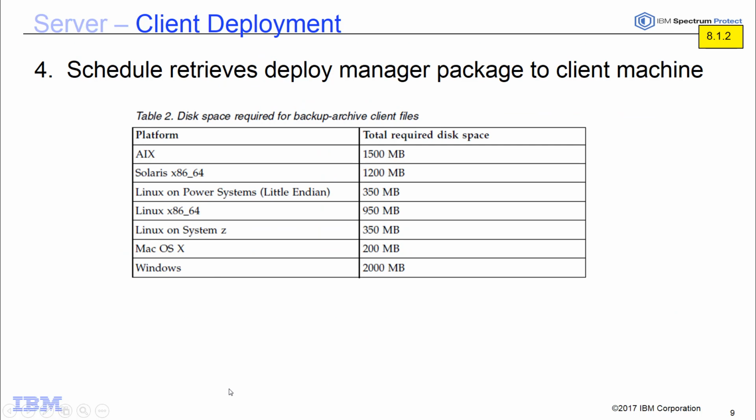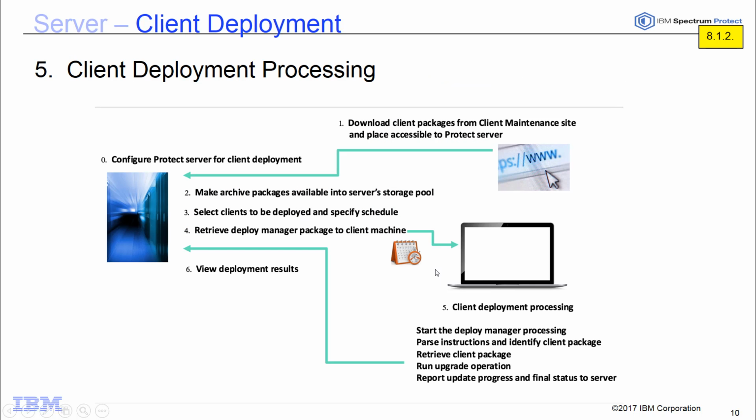Now, once that schedule kicks off, the schedule will take the deployment manager packages and push them out to the client machines. This is where you do need some additional space on the client machine in order to receive those packages. Once the client deployment package has been received via that scheduled process, it will start the deploy manager.